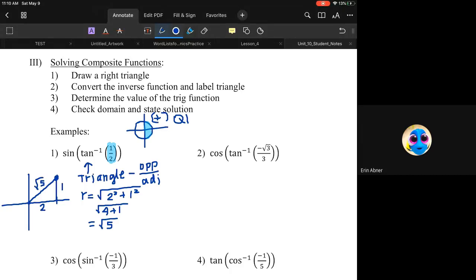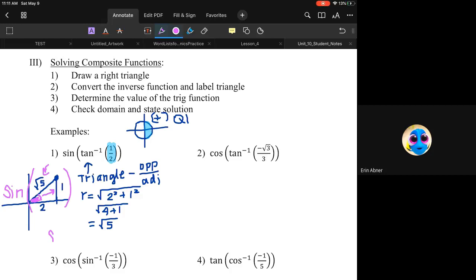And I want the sine of that triangle. So if I want the sine of this triangle, we're talking about this angle here. And so I want my opposite over my hypotenuse.